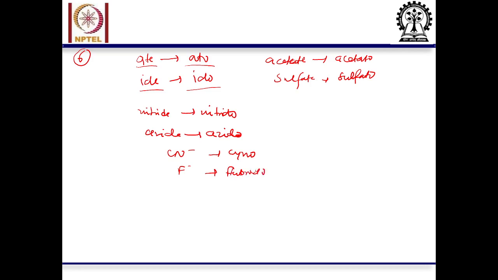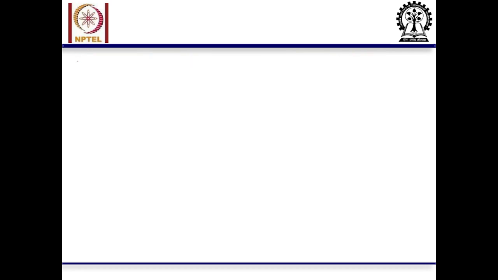Like this chlorido, bromido, iodido, oxo, peroxo, superoxo, hydroxo, hydrido, methoxo, ethoxo; ligands ending with O have been given special names. Organic ligands we write as such, like methyl, ethyl, propyl, phenyl.